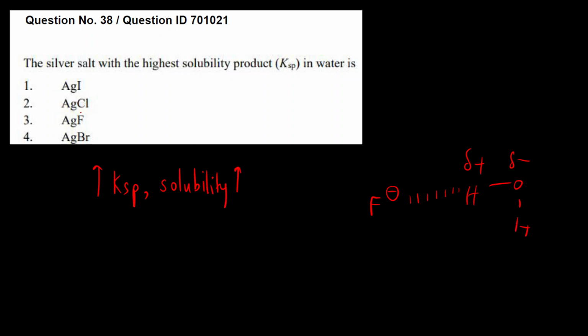Which will show the strongest hydrogen bonding? Hydrogen bonding is directly proportional to the electronegativity. So the correct answer is fluorine. Fluorine is more electronegative. Its hydrogen bond will be the strongest, and hence since this interaction is strongest, it will be the most soluble.